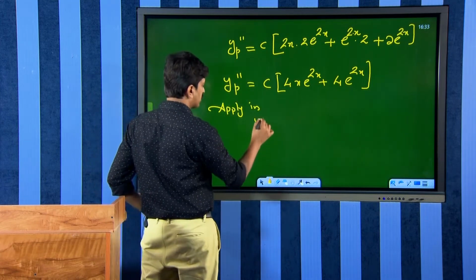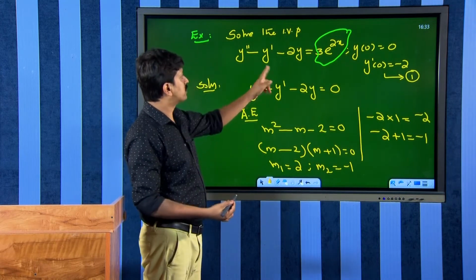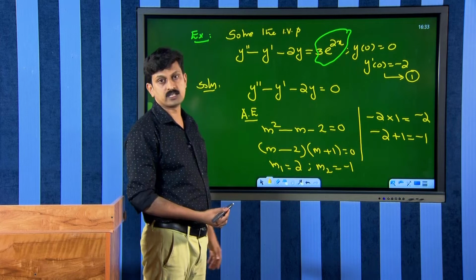While applying to 1, our differential equation is y double dash minus y dash minus 2y is equal to 3 e raised to 2x.